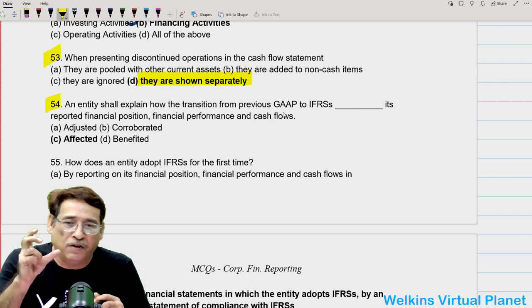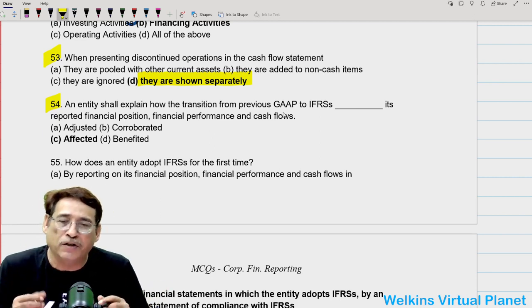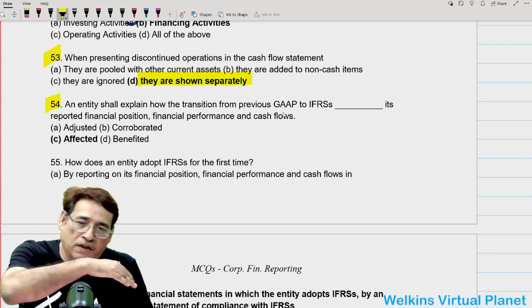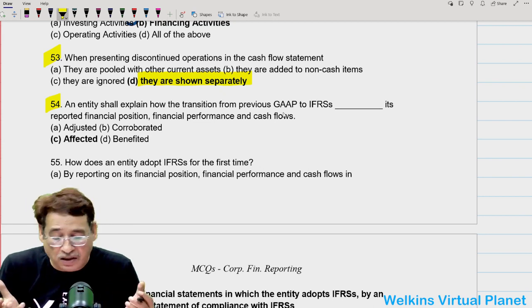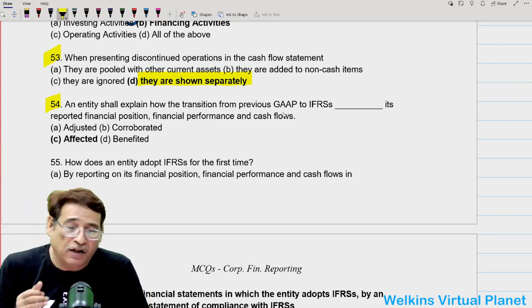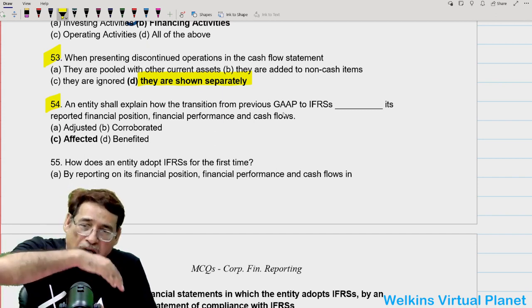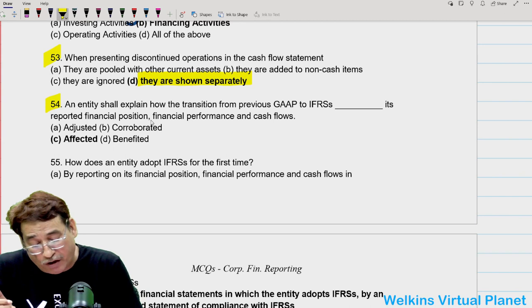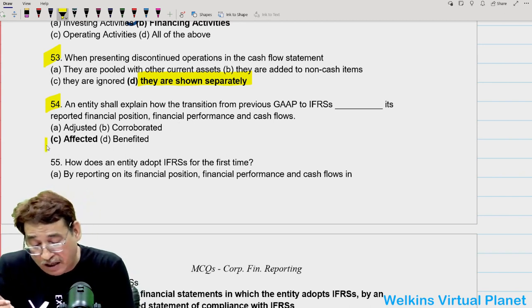Let us say there is an entity preparing its financial statements on the basis of existing accounting standards. Now it is moving to Ind-AS or IFRS. So this entity must reflect how this transition is affecting the reported financial position, financial performance, and cash flow statement. So the correct answer is affected.